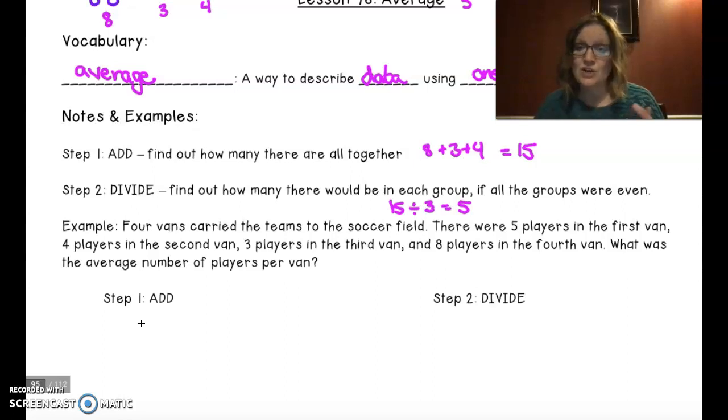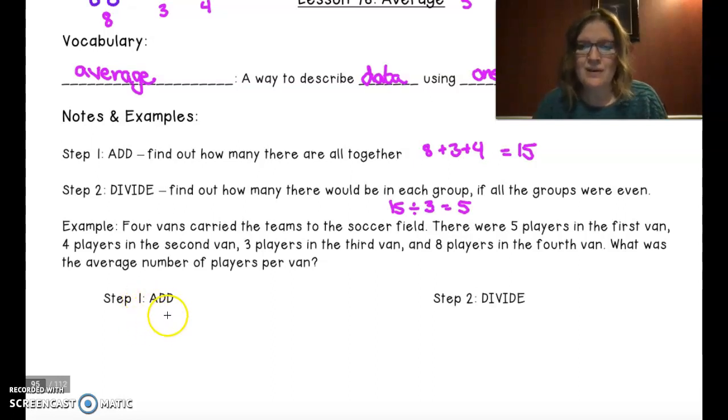Now, are they wanting to know the exact number of players in each van? No, because we already have the exact number. But we want to know about how many we could put in each van, an average. Does that make sense? I hope it does. If not, rewind and look it over again.